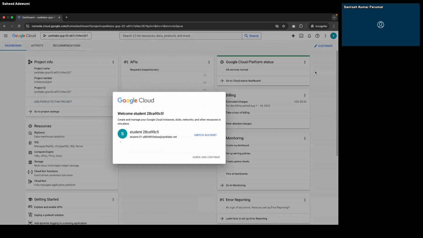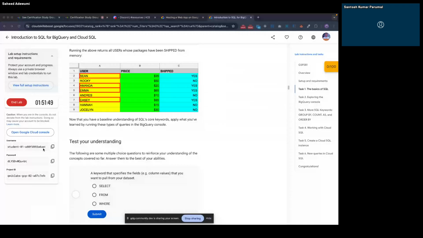Oh, okay, that's strange. Password. Okay, I have access. So I have successfully accessed my console.